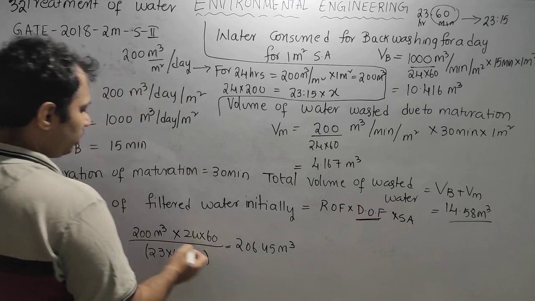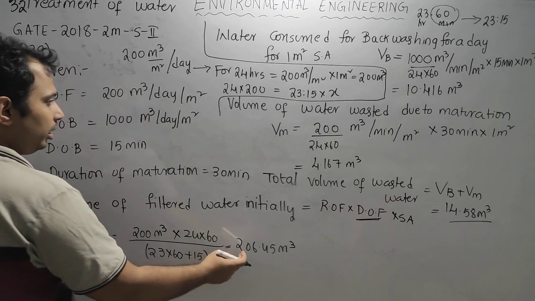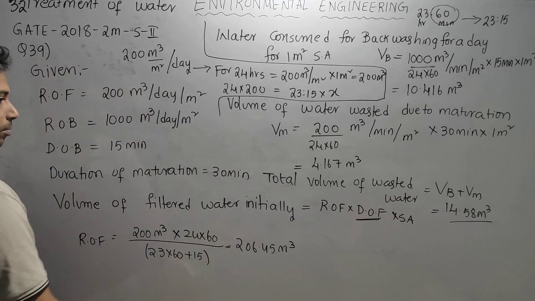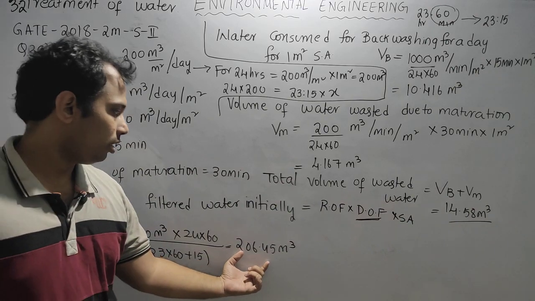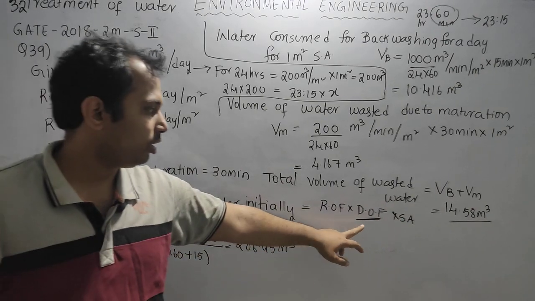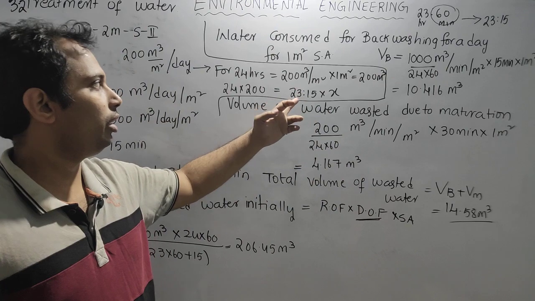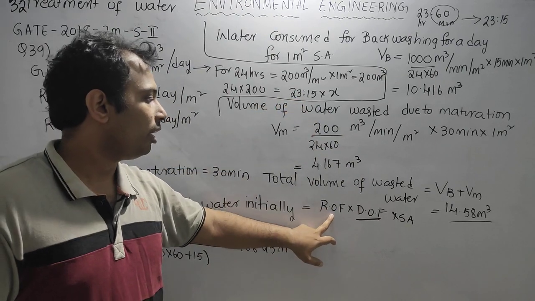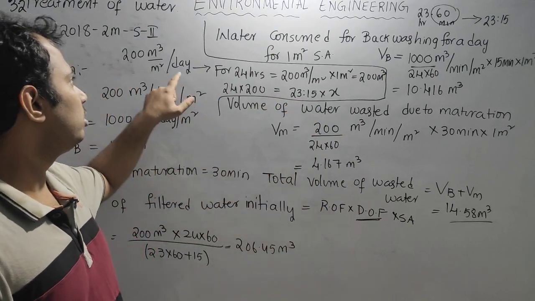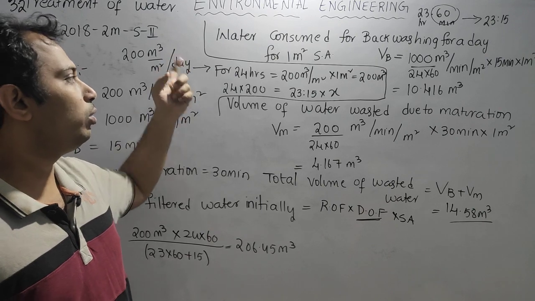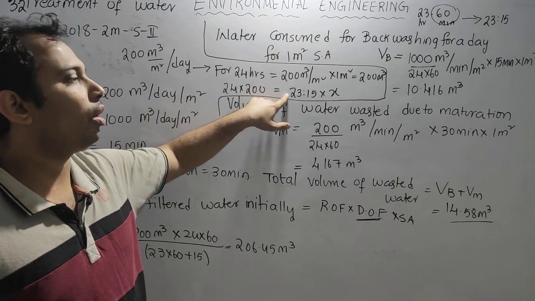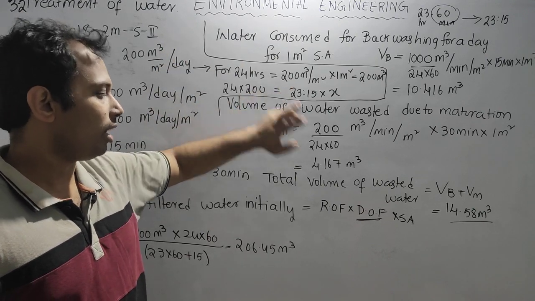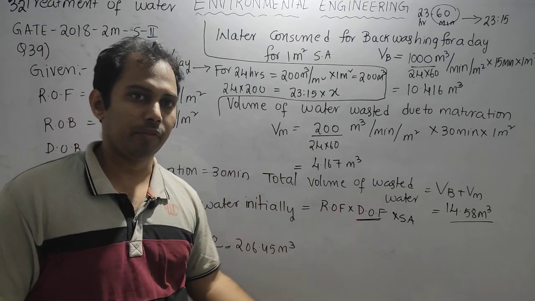This is the initial, because duration of filtration is little less, 23 hours 15 minutes only, and the rate of filtration was given for 24 hours. I need to convert this rate of filtration for 23 hours 15 minutes, and then multiply it with 23 hours 15 minutes.